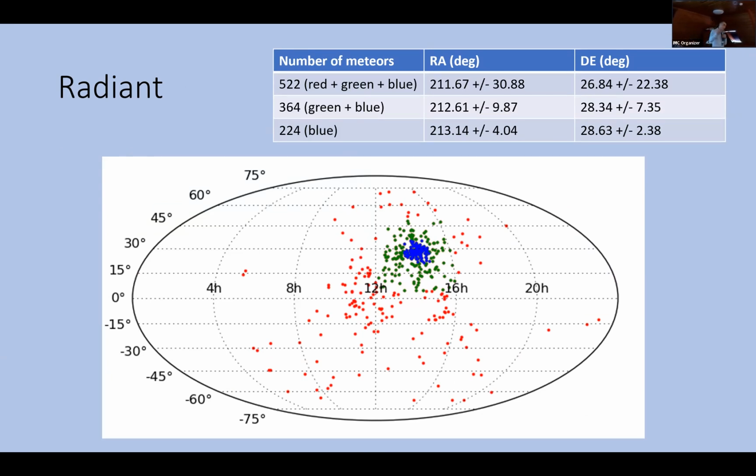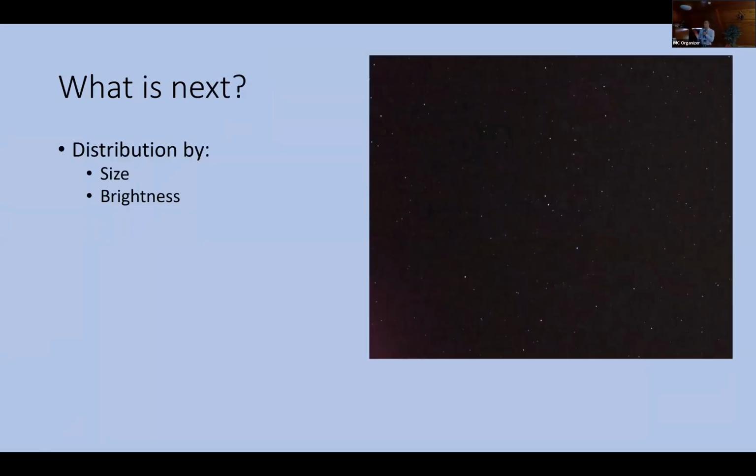So we took all that we thought was Tau Herculids. Then with the 1 sigma bar, we reduced it to these greens, and then another 1 sigma, we had this blue. So that is right now the most precise radiant approximation that we have for the Tau Herculids.